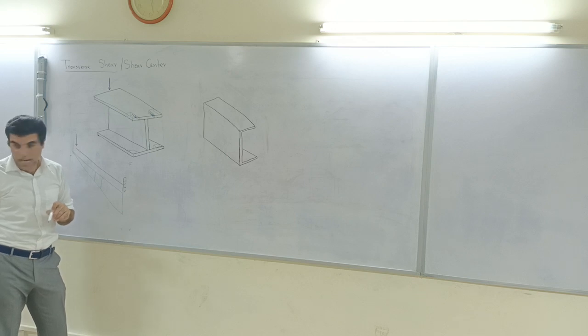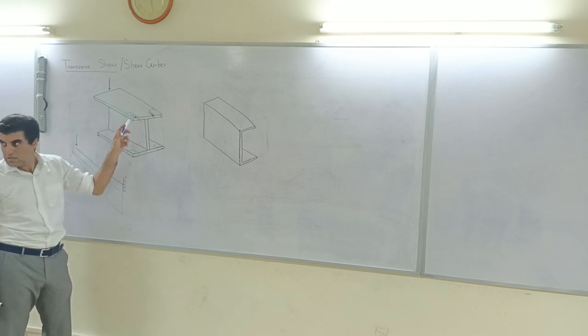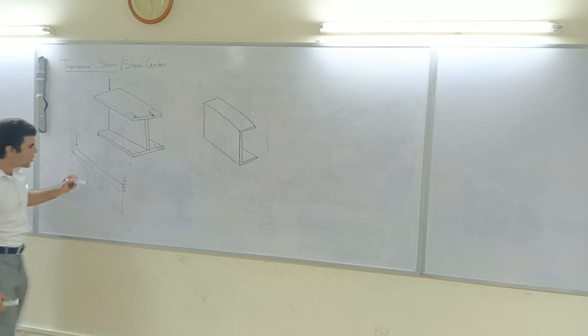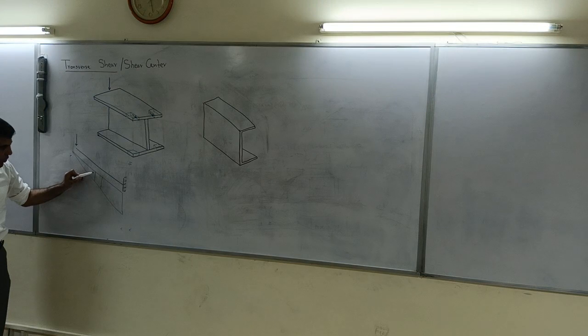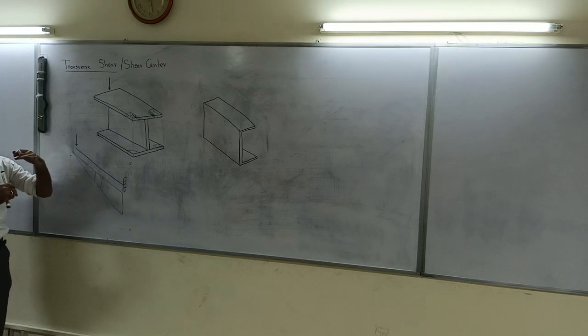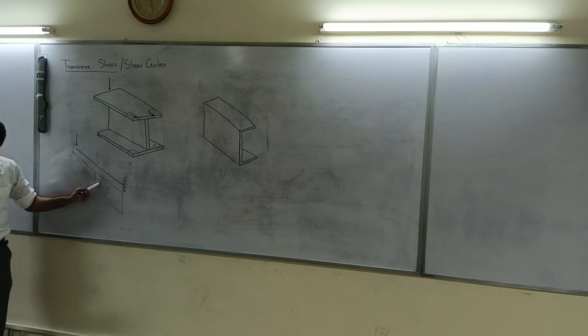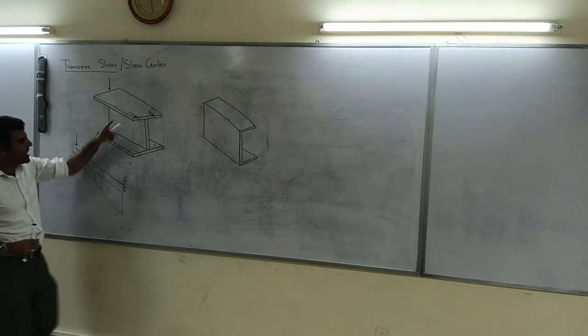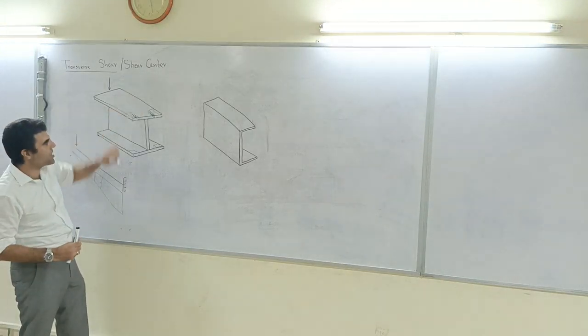Are you getting what I'm applying? As I have told you, the moment over here is smaller. So if the moment over here is smaller, the compression and tension forces are smaller. So I have to increase the compression and tension force in order to make it equal to this one. And that's why I apply my load in this direction.